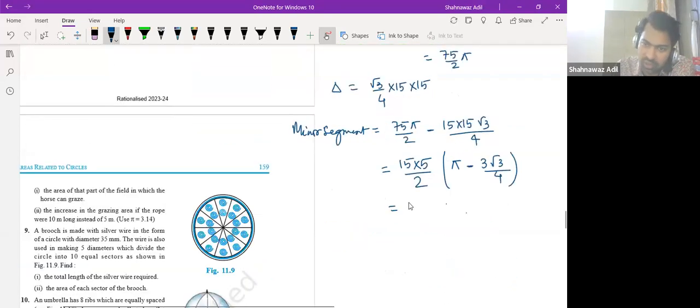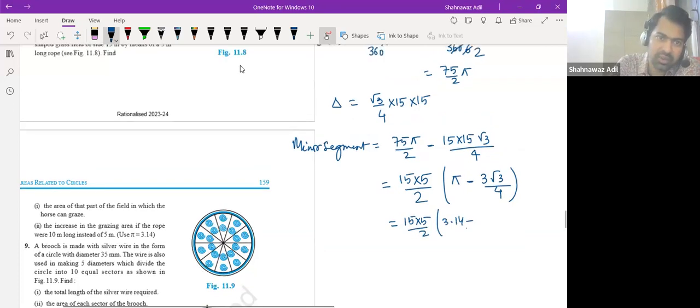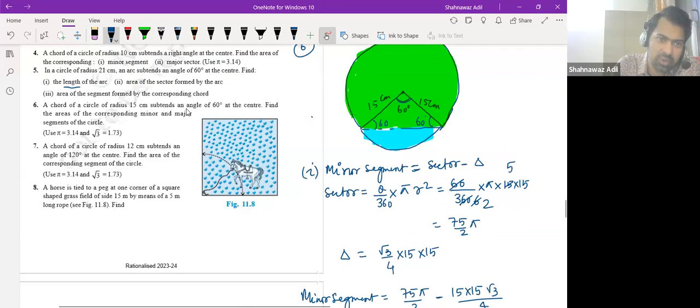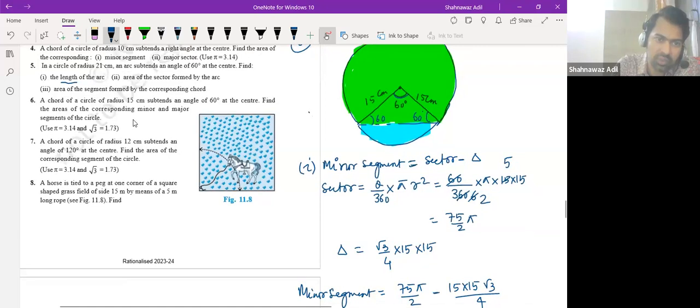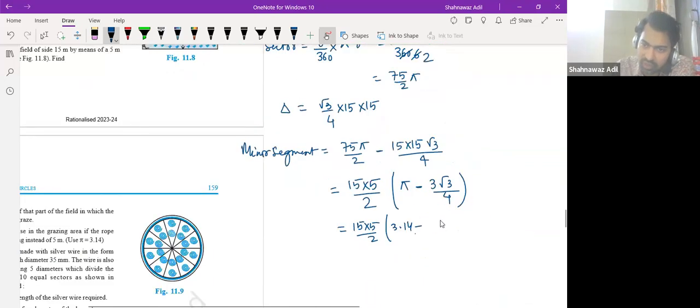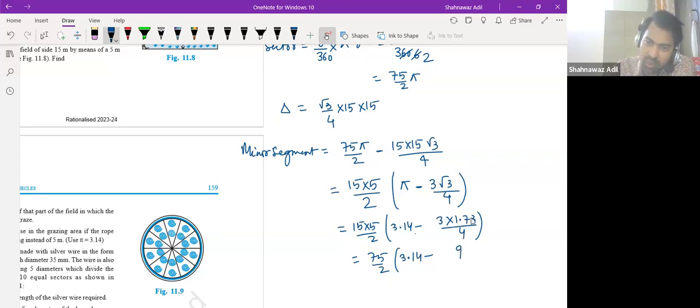This would be how much? 3.14 as they have said, and we have to take root 3 as 1.73. So 75 by 2, 3.14 minus 5 into 1.73 divided by 4, that is 8.65 by 4.